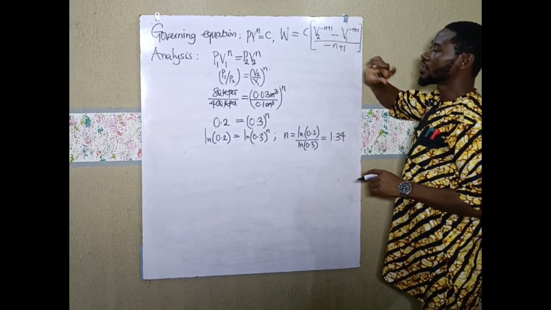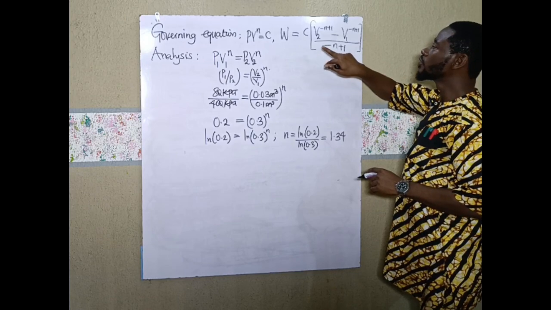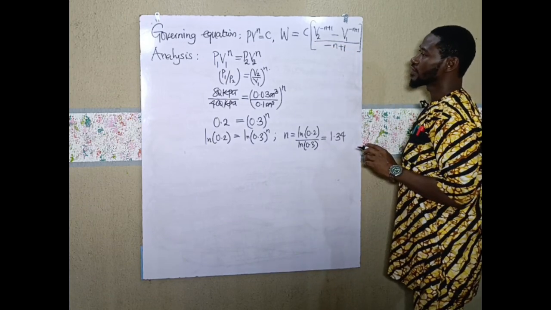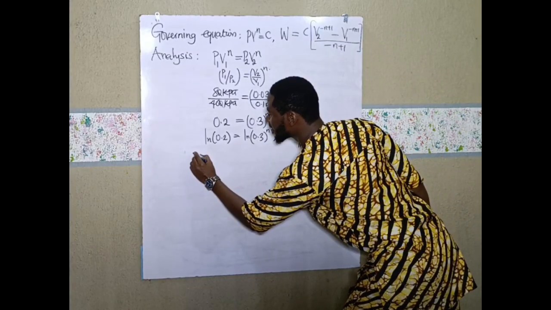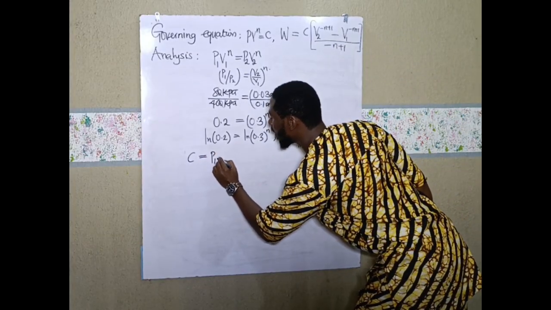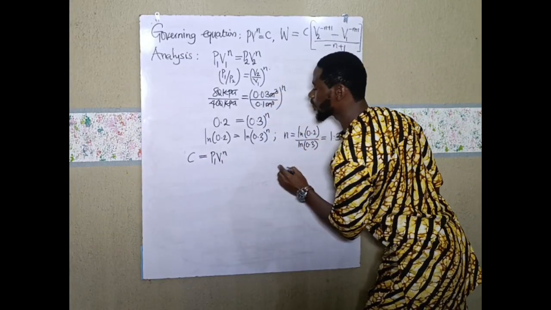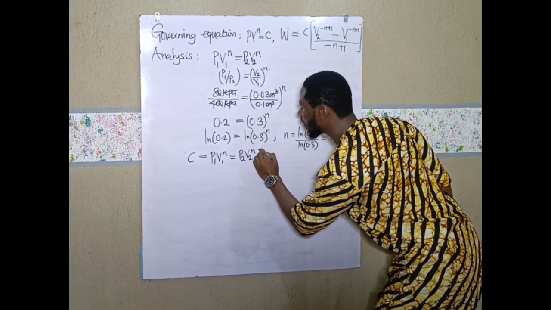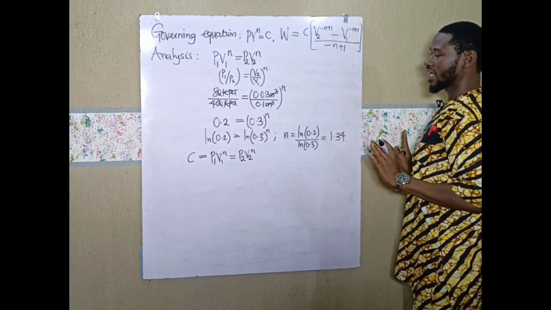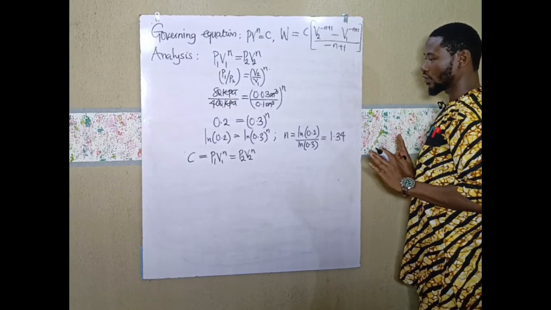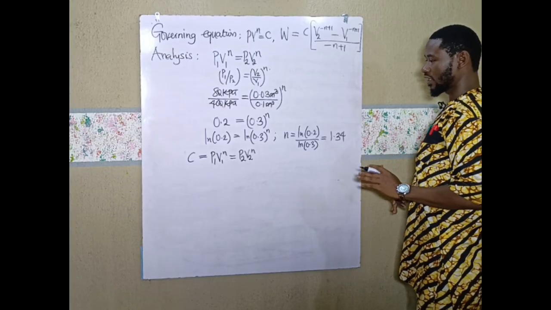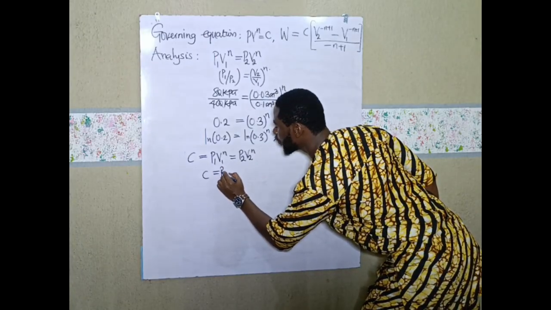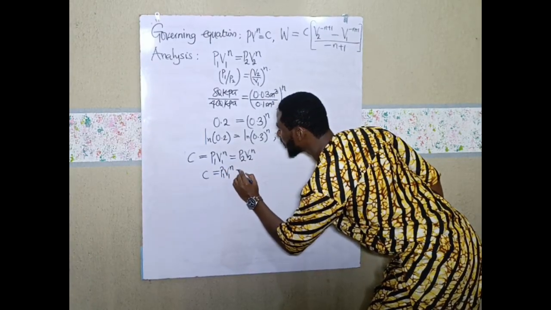Now we have gotten the value of n. V1 is known and V2 is known. Another unknown value is C. So we need to calculate the value of C. And C is defined as C equals P1 V1 raised to the power of n, or P2 V2 raised to the power of n. Whichever one that you want to make use of out of the two equations is generally accepted. Now we are adopting C to be equal to P1 V1 raised to the power of n.